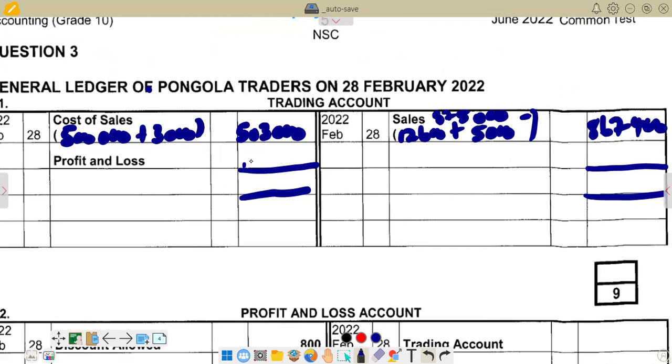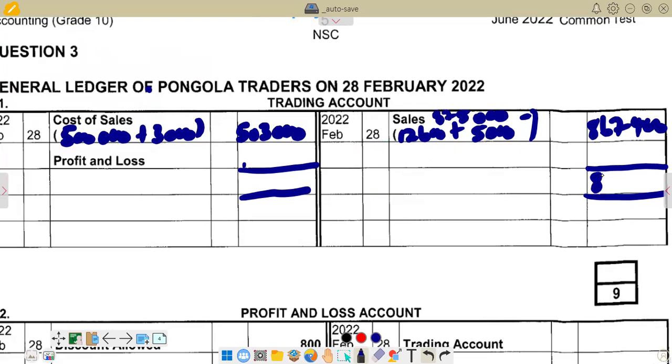In the trading account, we are not going to have a balance sheet, but we are only going to say the balance that is there, we transfer it to the profit and loss. If the debit was greater than the credit, it means our profit and loss was supposed to be on the credit side. In this sense, we now compare the two and see that the credit has a bigger total. So this is the one that is going to come in between the double lines on both sides.